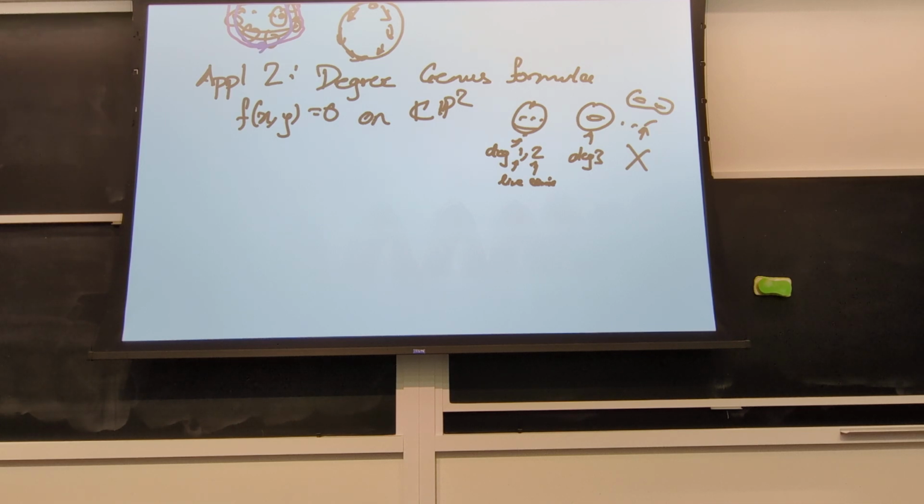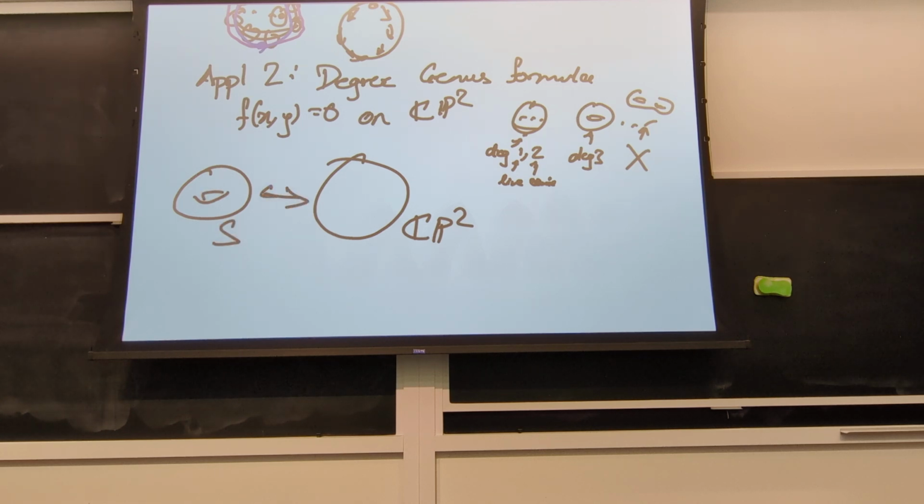What you do is you can think of it as, here's your CP2, and you can think of your surface, let's call it S, as being embedded inside here. CP2 is real 4-dimensional, or complex 2-dimensional.